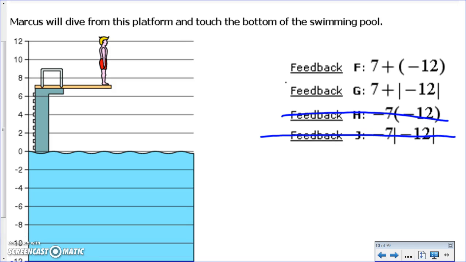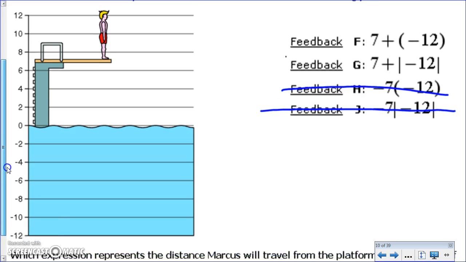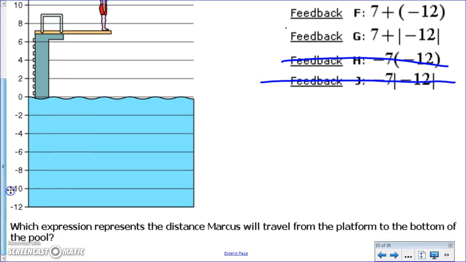So now we have F, which is 7 plus -12, or 7 plus the absolute value of -12. So if we look at our question again, they want to represent the distance he's traveling from the platform to the bottom of the pool. So we want the total distance he covers.